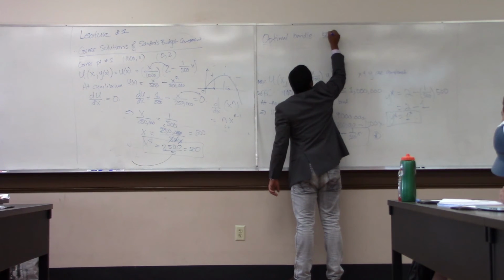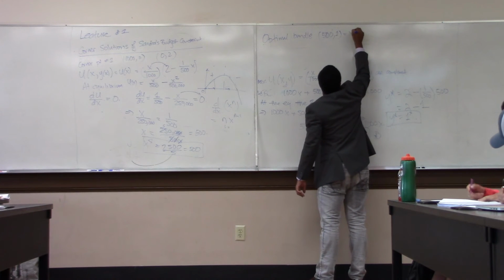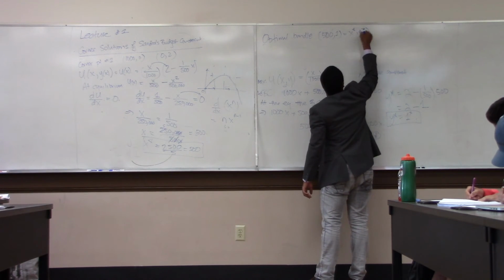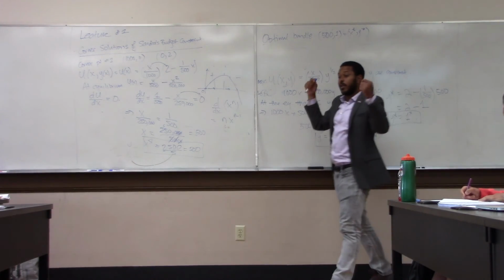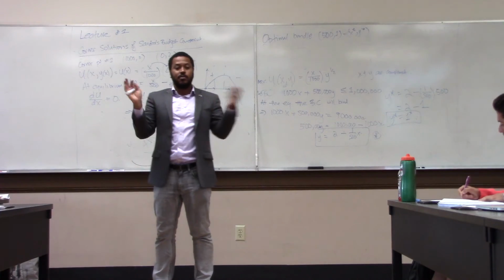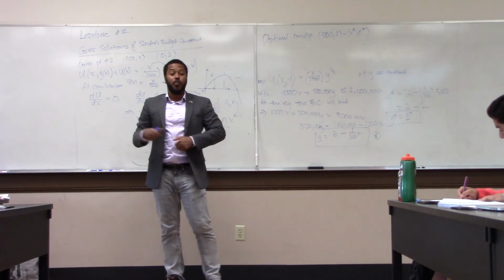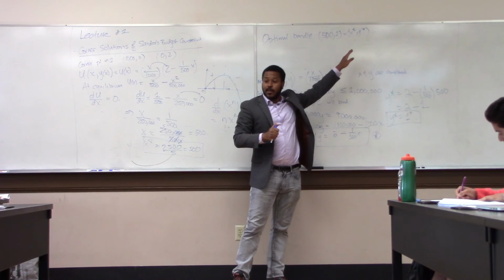It's the 500. So this is x star and y star. And the stars basically say that these are special points because x and y are just general numbers of yachts. X could be 10, x could be 5, x could be 6, x could be 50, right? But what this star is saying is that these are the x's and the y's that maximize utility.